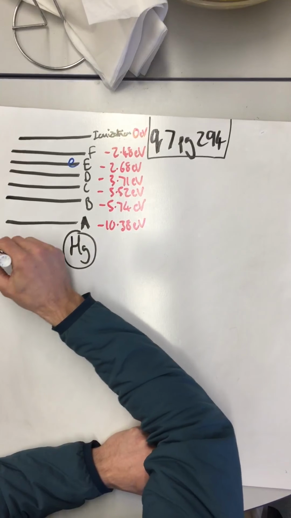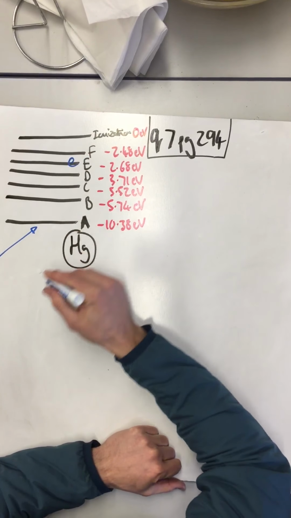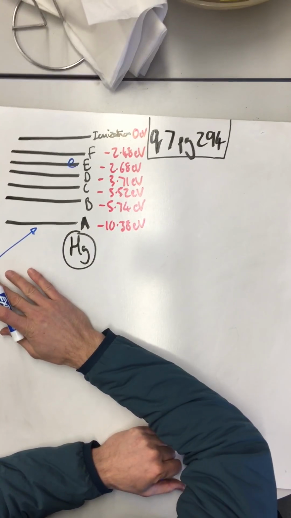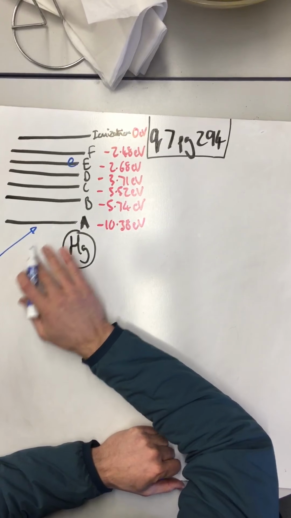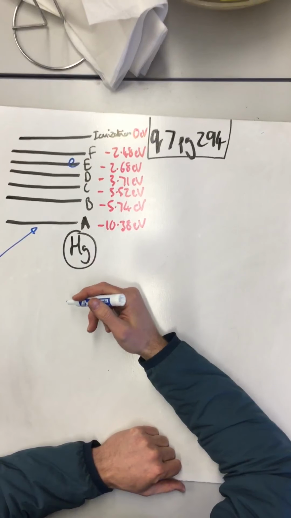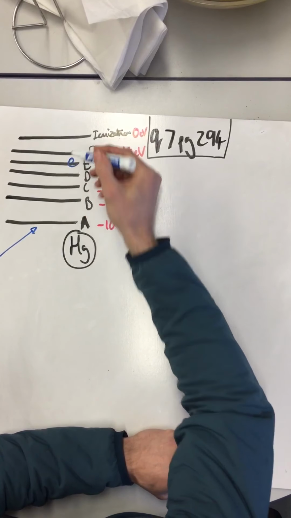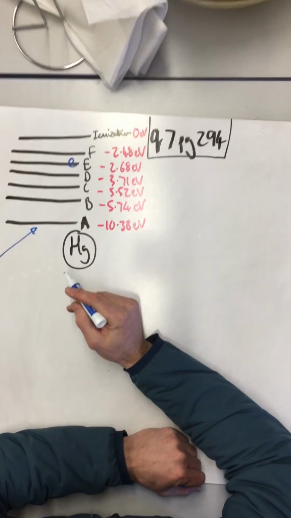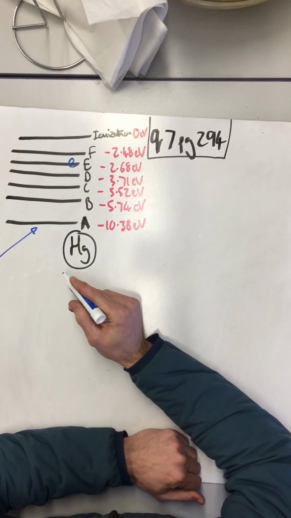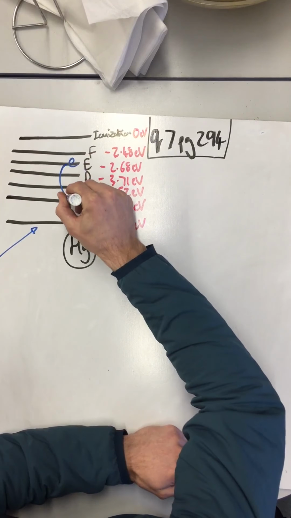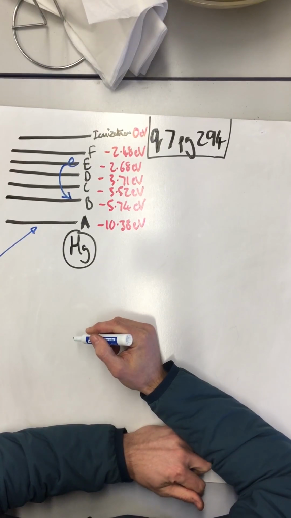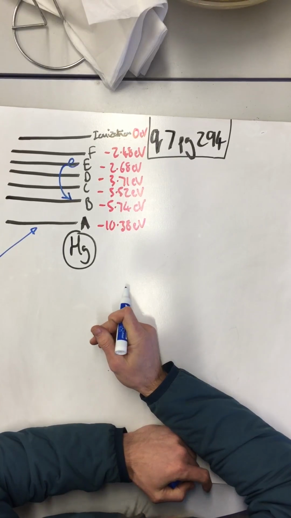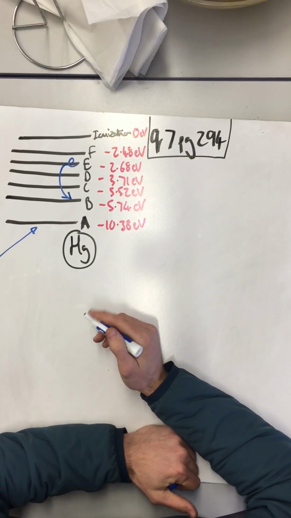An electron would come in and excite another electron, which would then jump up. In other words, an electrical current would energize this electron, and it would jump up to various different energy levels. So in this case it's already at level E, and it's going to drop down to level B. So it's going to end up here. So the question is, determine the energy of the photon emitted.